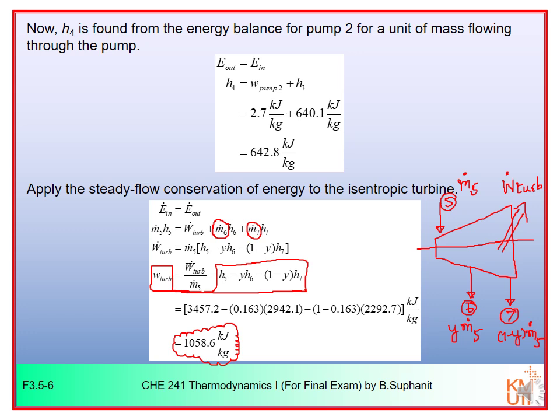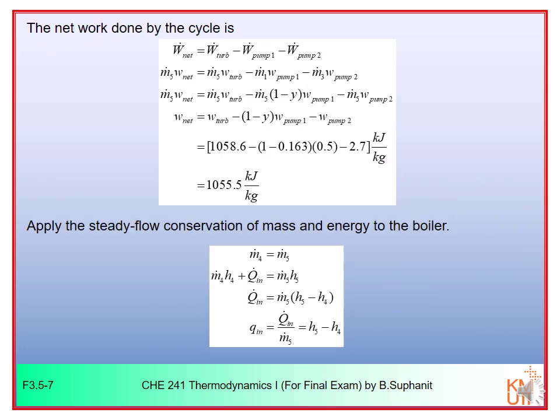Now you can calculate W net. W net will be equal to W turbine minus W required for the first pump minus W required for the second pump. Similar to the previous energy balance that I have mentioned before, you have to write it in the rate form, W dot, like this, because the mass flow rate through each equipment is not equal.